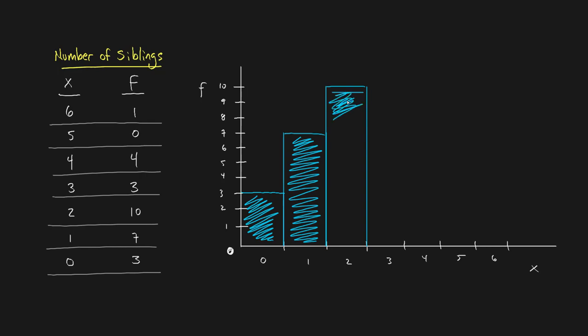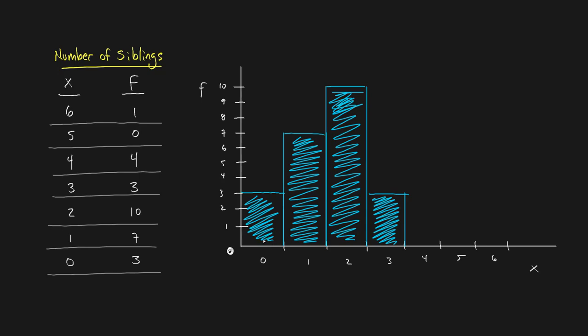Oops. And for 3, there are 3. Let's see. Oh, too far that time. So you can see that this is the same as the last one that I did.